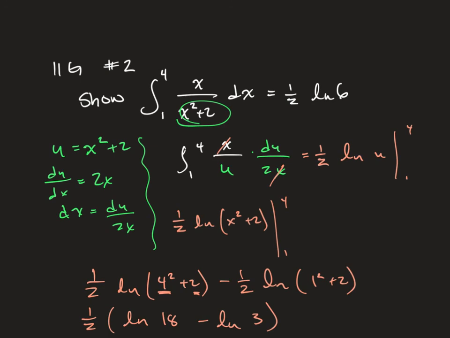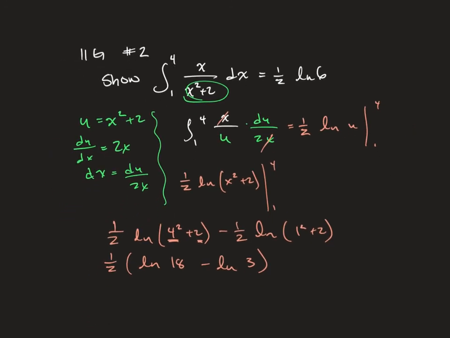And then the way that we're going to get to that 6 is you're going to remember some log rules, and notice that if you have logs at the same base, you can write these as 1/2 natural log of 18 over 3, which is the same as 1/2 natural log of 6. Let me know what questions you have.